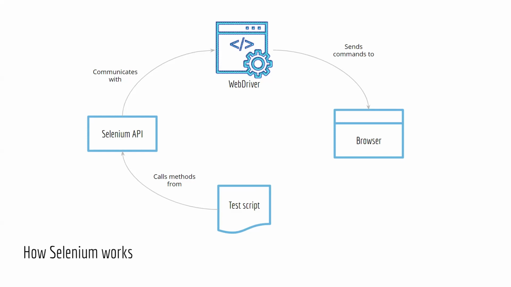So what happens is I will have to use the method from Selenium API for click, and then this method, Selenium API, is the one who will communicate to the WebDriver that there is a step for click button. And then the WebDriver sends the command to the browser so that the click button will execute.